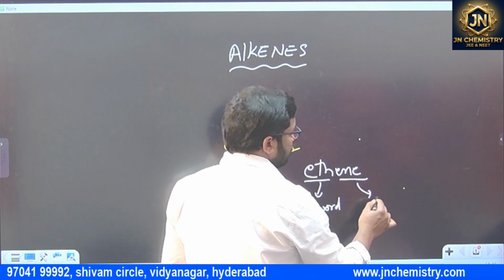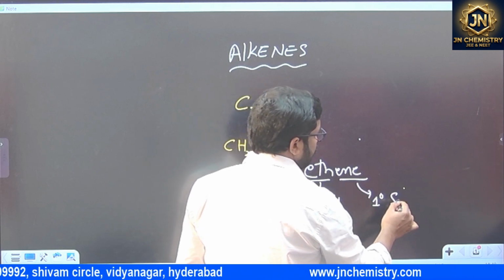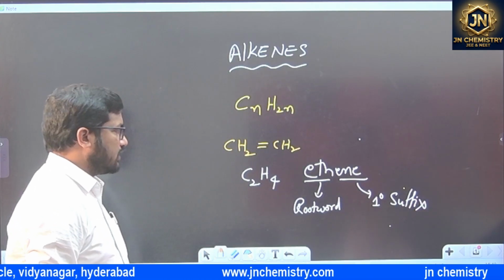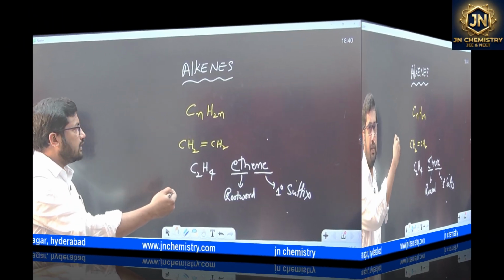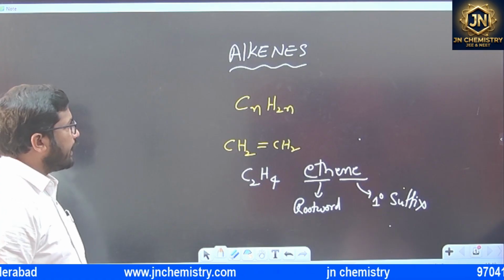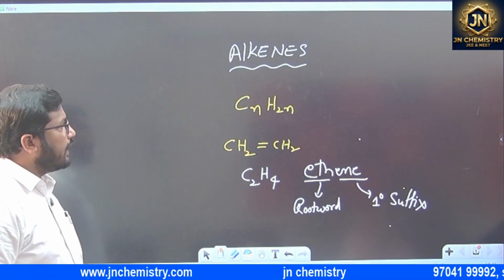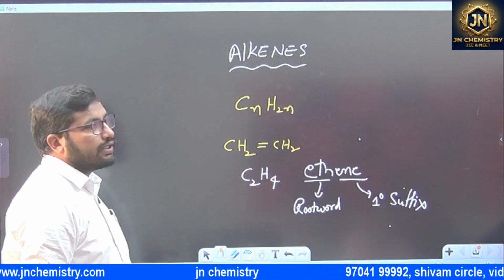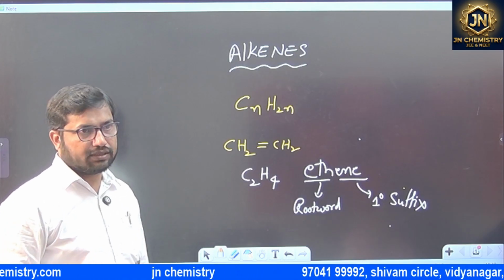En means primary suffix. So like root word, primary suffix, secondary suffix we are using, right? En. Alkene, right? Like olefins. Alkenes we could say olefins, like oily substance.